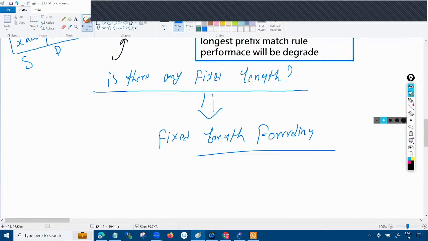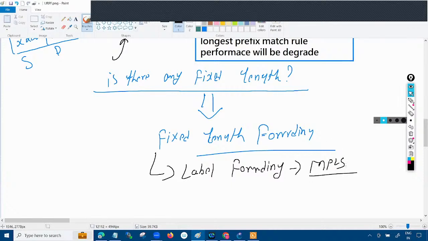The issue comes in layer 3, and that's why we introduced fixed length forwarding. And that fixed length forwarding is introduced by label forwarding, and this label forwarding is known as MPLS. So in MPLS, what happened?